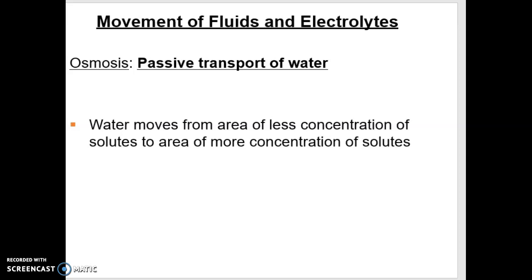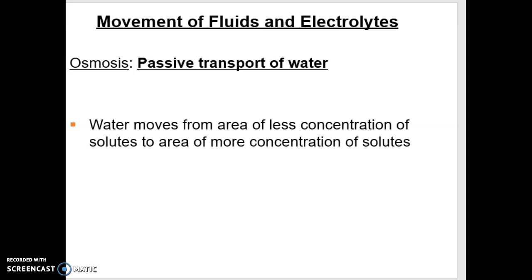Each compartment has its own relationship of what should be solutes to water. So what happens is the fluid will shift automatically to dilute down the side that is too concentrated.